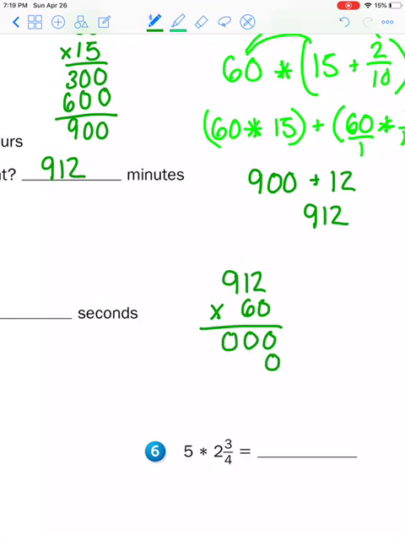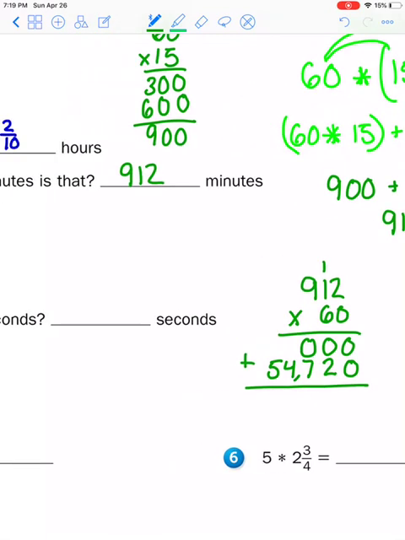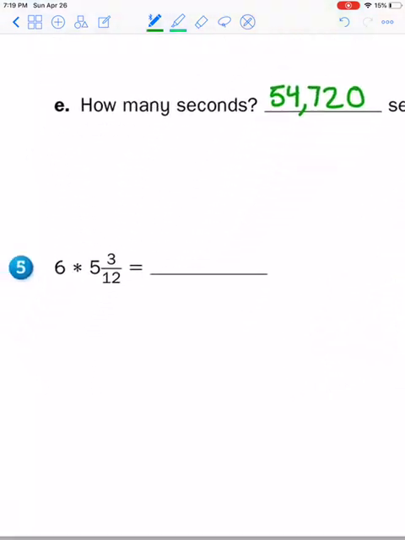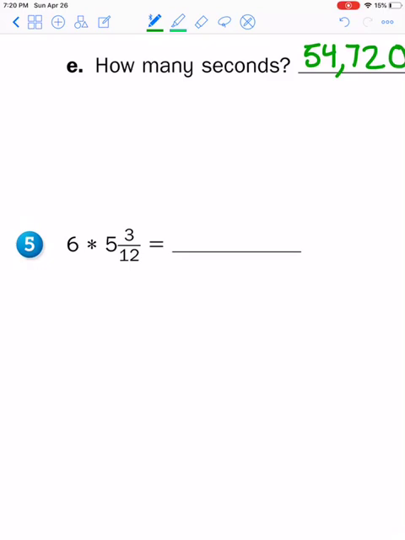Since I'm moving to the next place value, I'm doing a placeholder as 0. 6 times 2 is 12, so bring the 1 up. 6 times 1 is 6 plus 1 is 7, and then 6 times 9 is 54. And if I added this, my answer is 54,720 seconds.